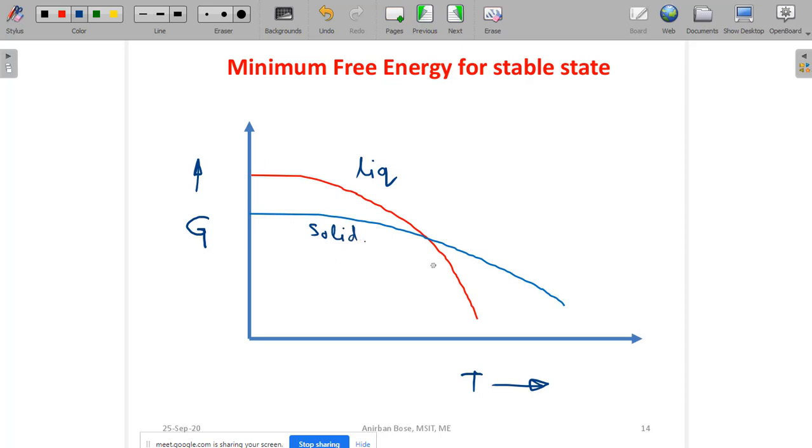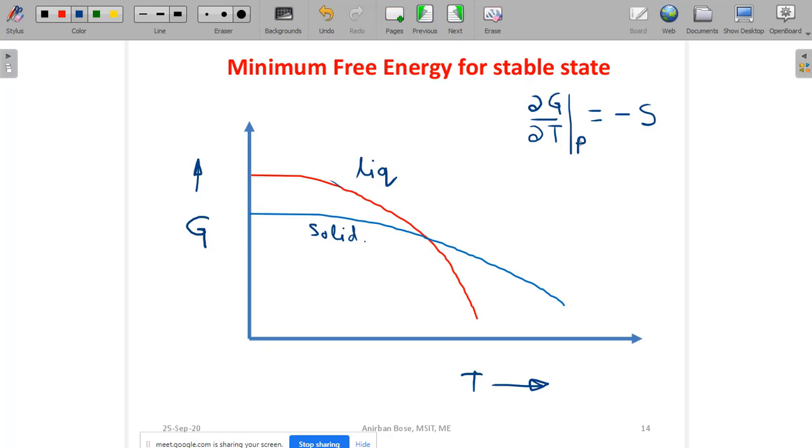Why these lines for liquids and solids look like this: you can get the slope del G del T at constant pressure, and the expression you get is minus S. As you increase the temperature, the slope gradually increases in the negative direction, since the negative sign is there. So that is the diagram of G versus T.